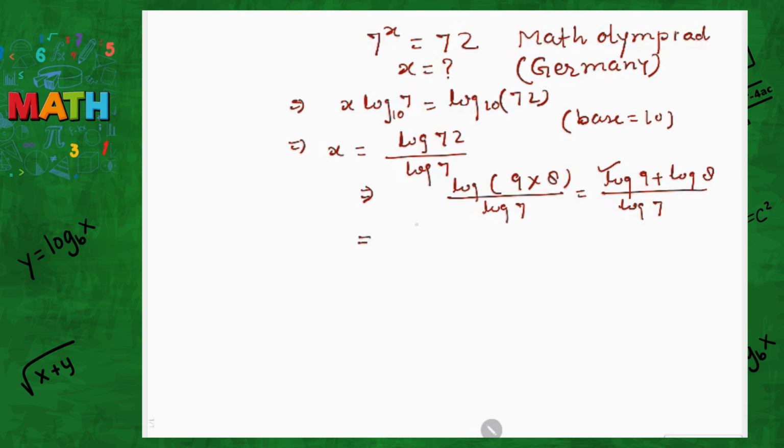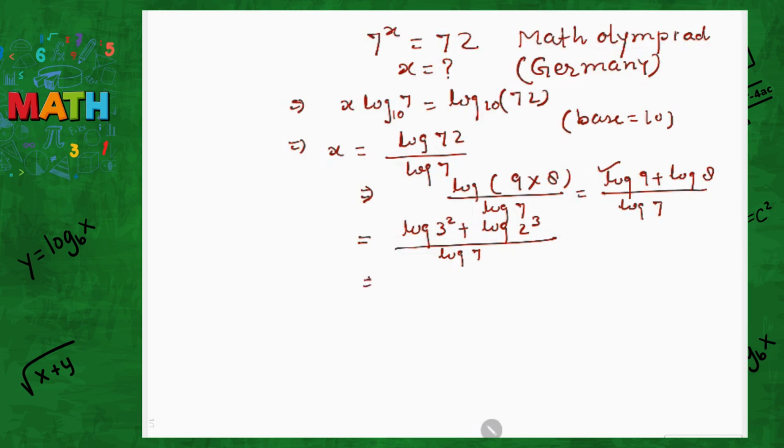So we can write log 9 as log 3 squared, plus log 8 can be written as log 2 cubed, divided by log 7.